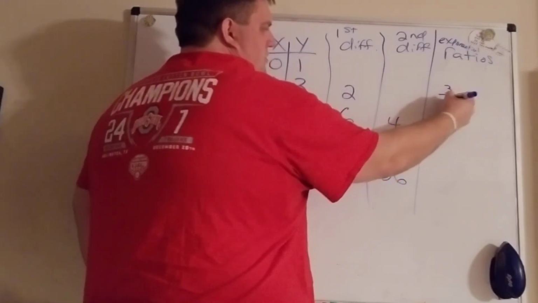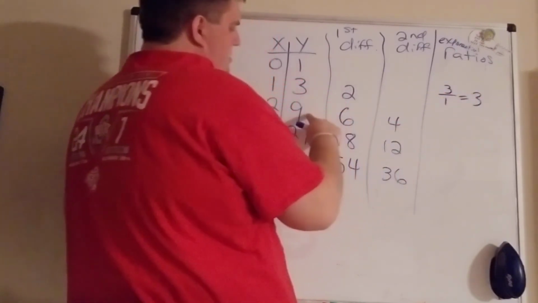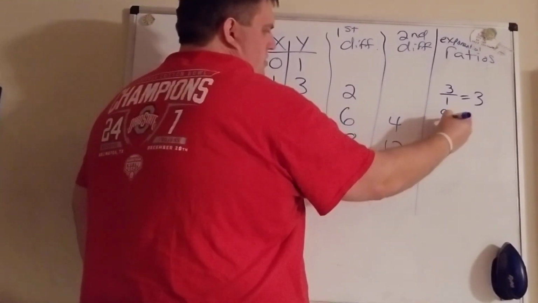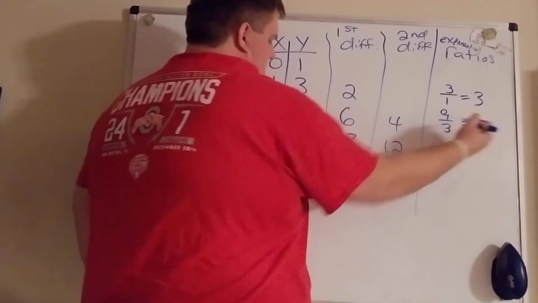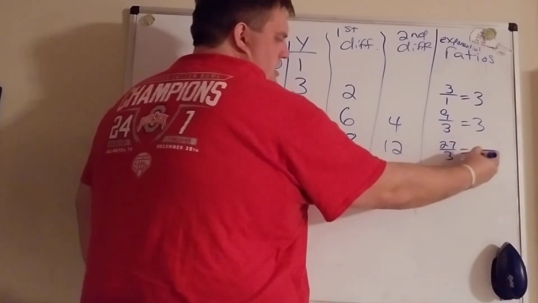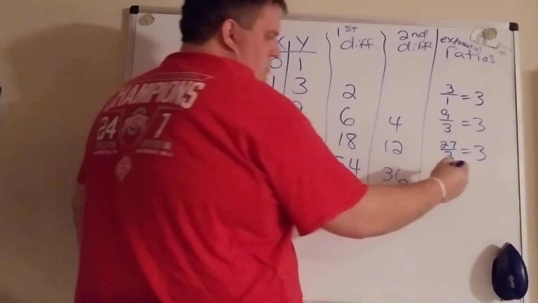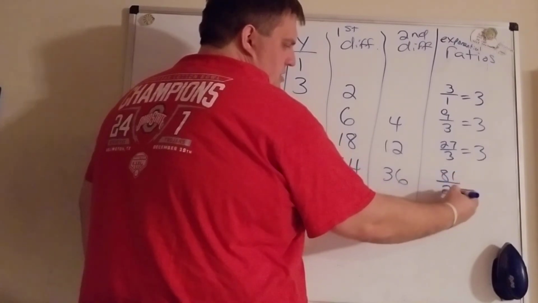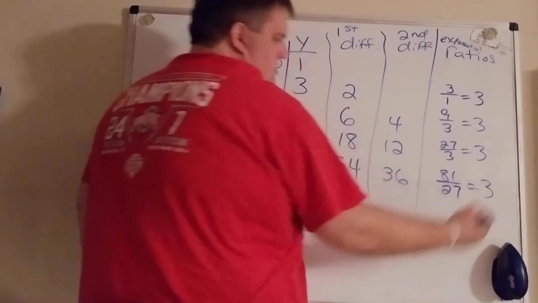So 3 over 1 is 3. 9 over 3 is 3. 27 divided by 9 is 3. 81 divided by 27 is 3.